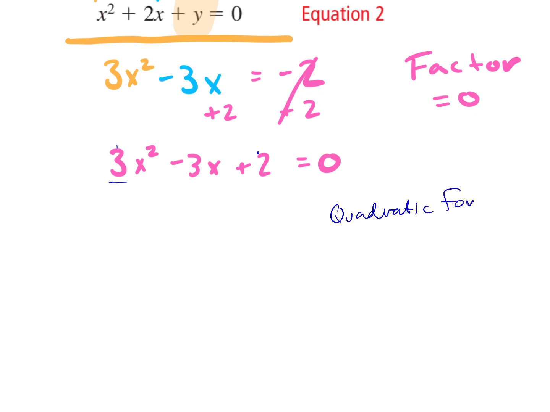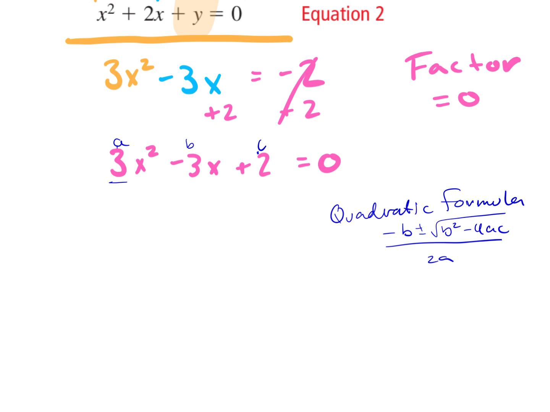The quadratic formula. So our quadratic formula is -b plus or minus the square root of b squared minus 4ac over 2a. This is our a, our b, and our c. So just going to plug everything in.